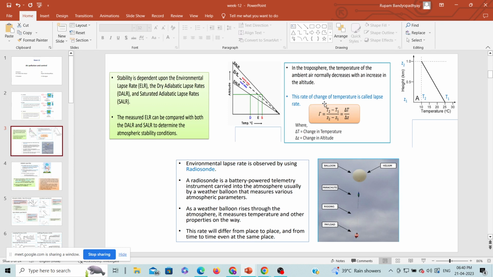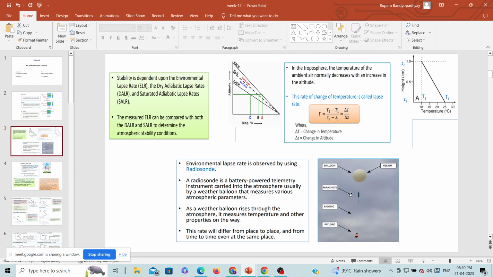The rate of change of temperature is called the lapse rate: (T2 minus T1) by (Z2 minus Z1), that is, delta T by delta Z, which we calculate to find the lapse rate.